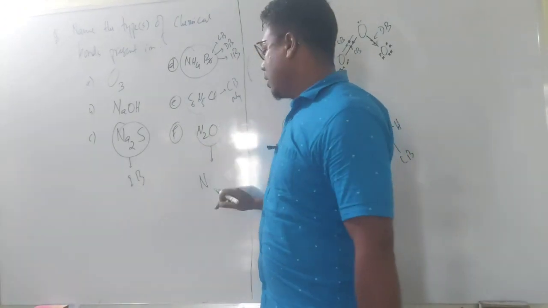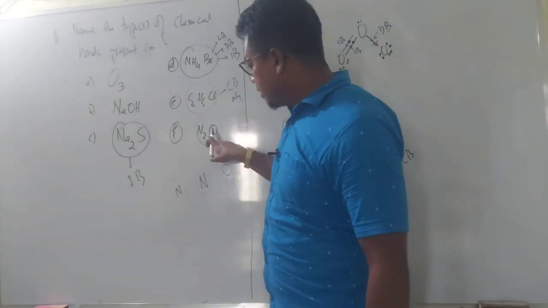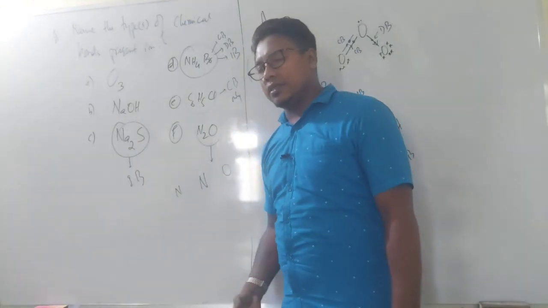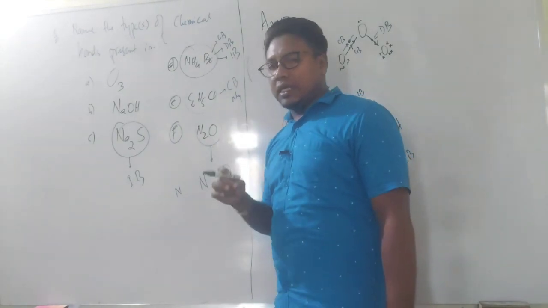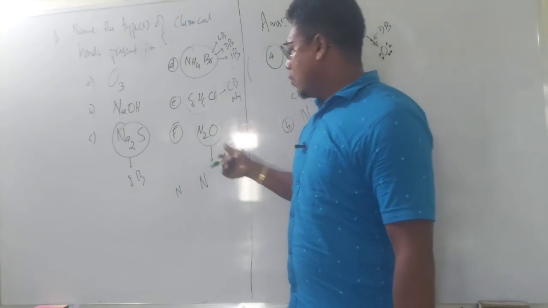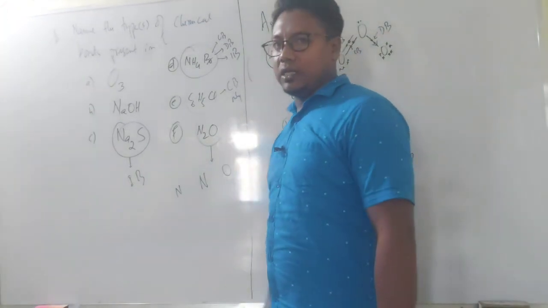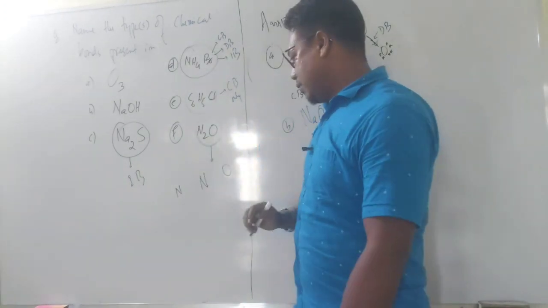This is the question. One of the nitrogen atoms will be acting as the central atom. In the comment section, please write your opinions about why nitrogen will be acting as the central atom and why not the oxygen atom, which is present only once, right?